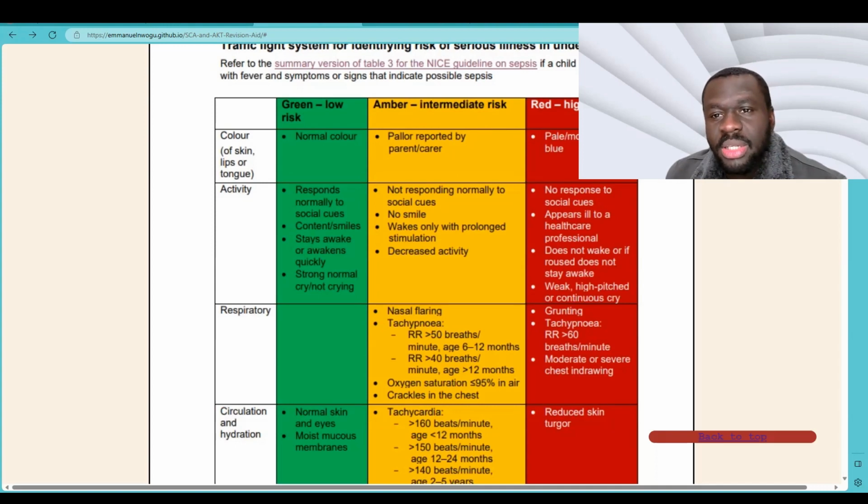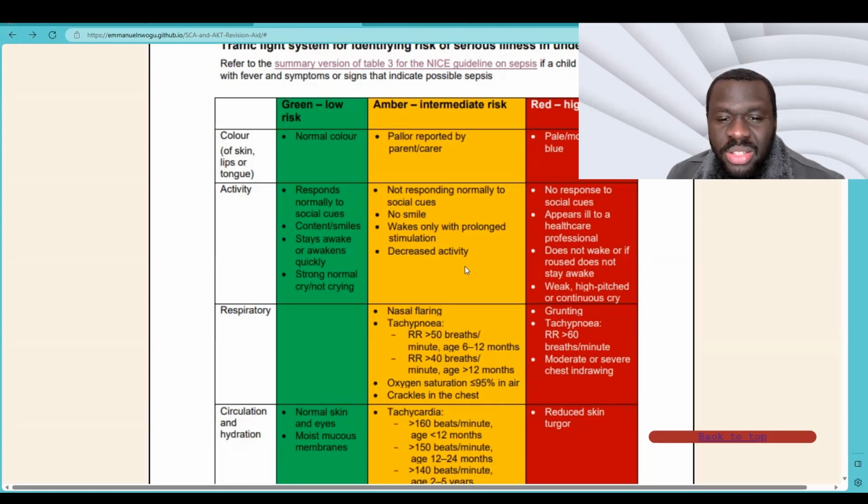So let's look at the amber or intermediate risk. Pallor reported by parents: they say, oh, my son looked pale. Not responding normally to social cues, no smile, the child looks grumpy, wakes only with prolonged stimulation, decreased activity.